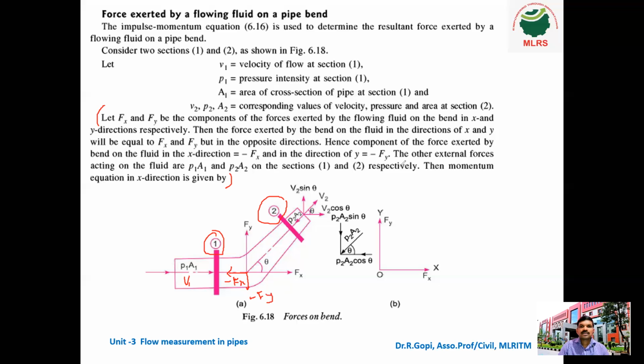The other external forces acting on the fluid are P1 A1 and P2 A2 at section 1 and section 2 respectively. Pressure into area is nothing but the fluid force. Then the momentum equation in the x direction is given by, what is that momentum equation?